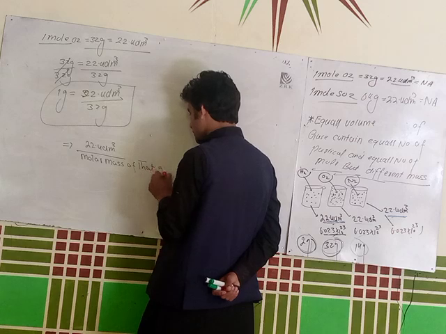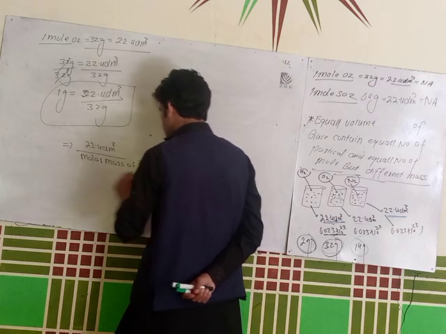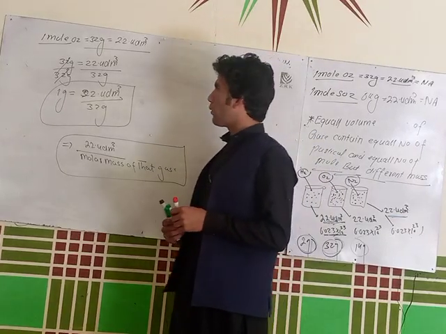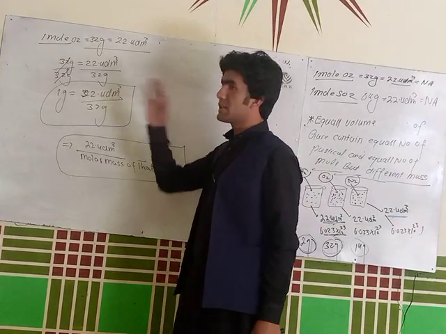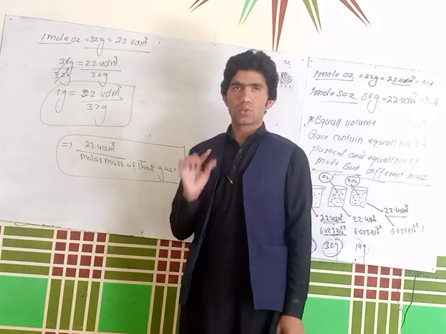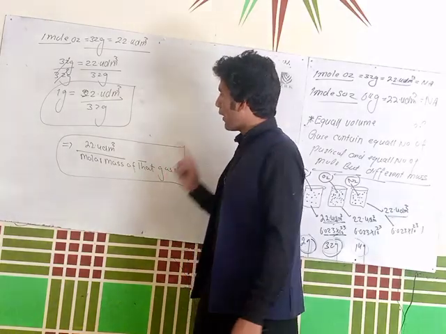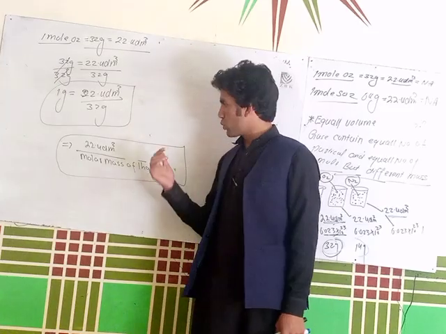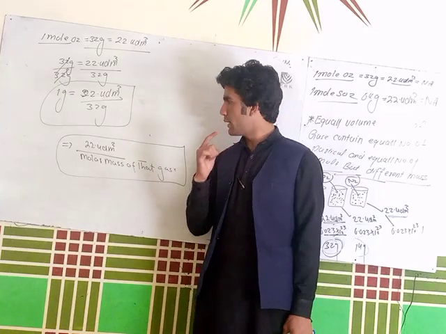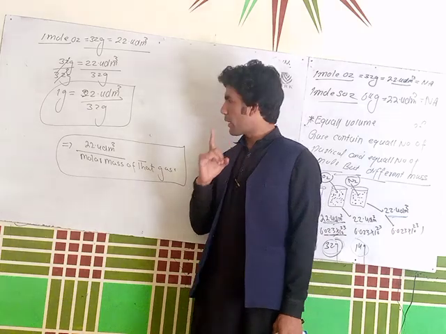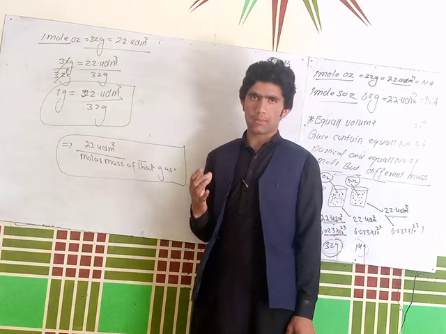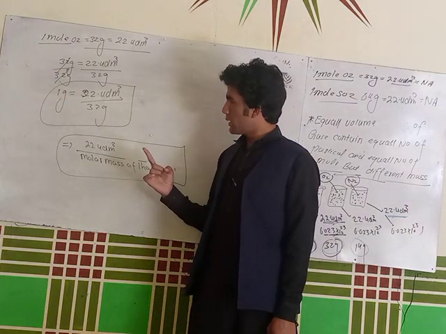So this formula will be used to find the volume for a single gram of any gas. Students, again I'm telling you, if you want to calculate the volume per 1 gram of any gas, you should keep this formula in your mind. It should never be forgotten. If you forget it, you will never be able to calculate the volume per 1 gram. So students, note that.